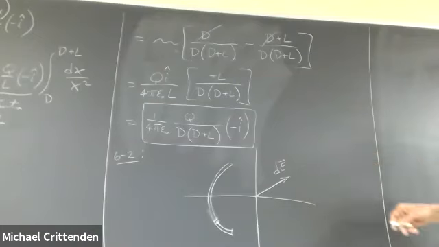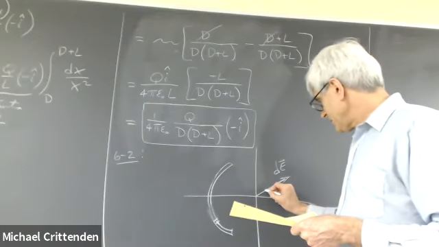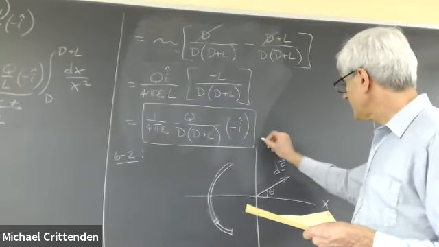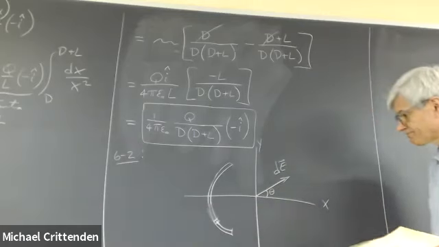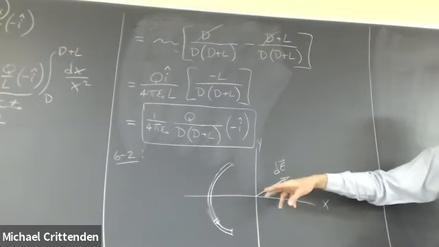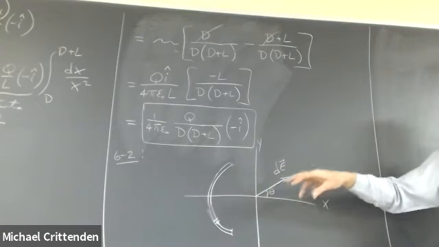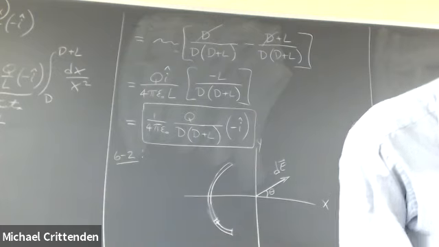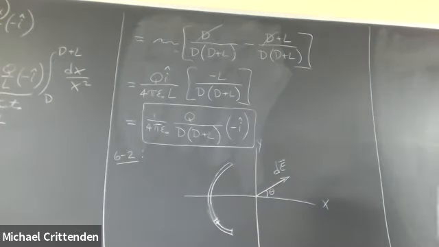This dE vector makes an angle theta with the x-axis. And as you work your way from one end of the rod to the other, theta is going to change. The limits of integration here are going to be from, I think we start with, negative pi over 4, 45 degrees if you prefer. Negative pi over 4 to positive pi over 4.